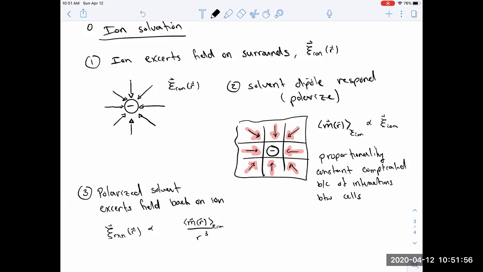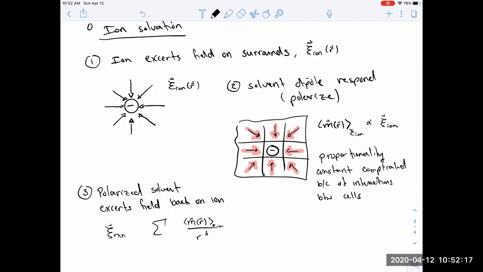Now the reaction field at some particular point in space, let's not give that a subscript, at any point in space is going to be some complicated function of the value.